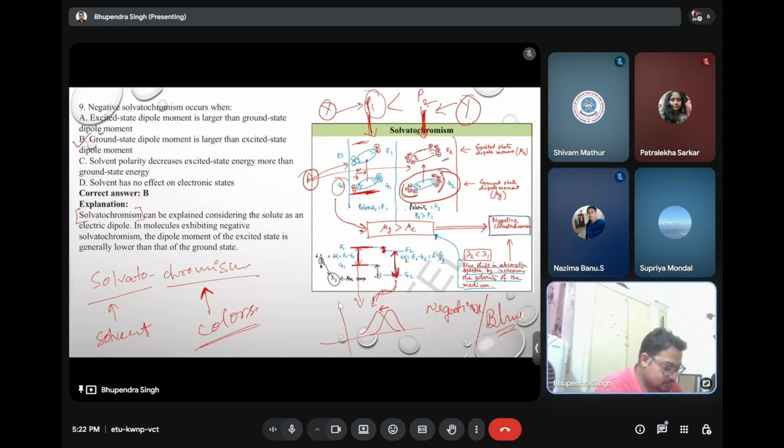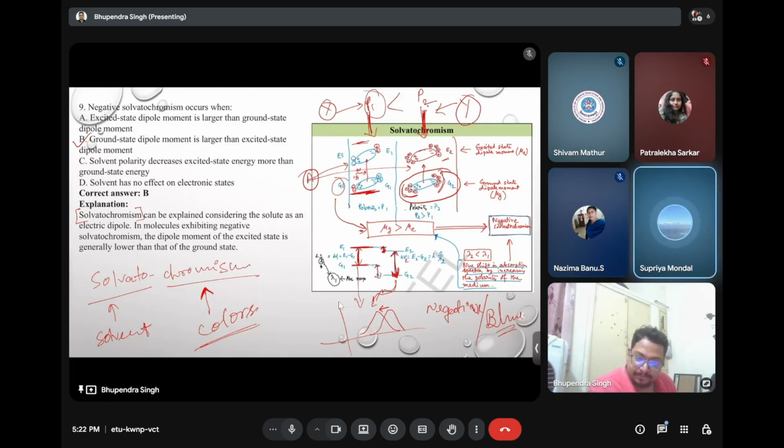And what condition has to be there to get the red shift? P2 solvent, P2 solvent.